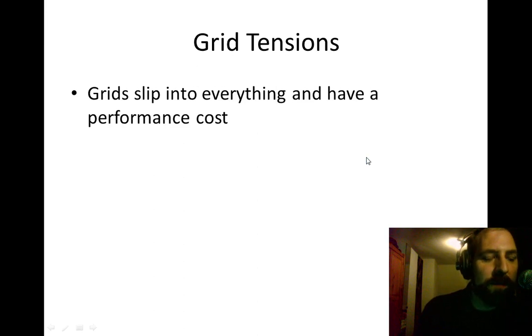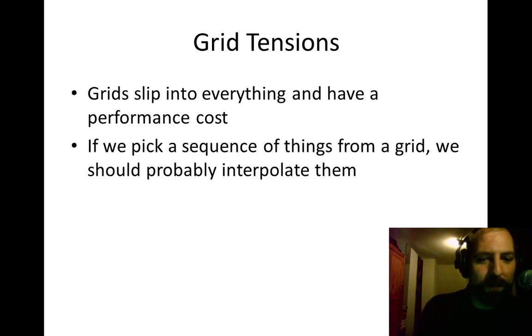In previous systems that I built, there was always at least a global grid for finding the best matches. But once you have the grid, it tended to slip into many different aspects of the design, and this has a performance cost as well. If you infer a sequence of grid points, then maybe you want to interpolate them, so you have a smooth sequence.